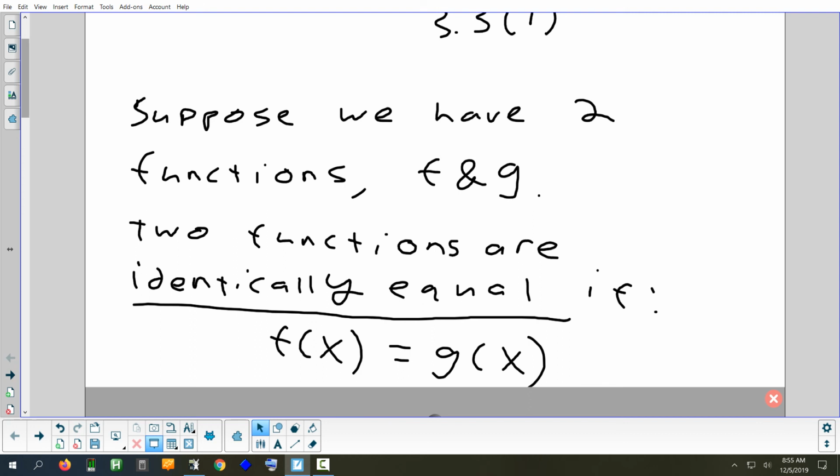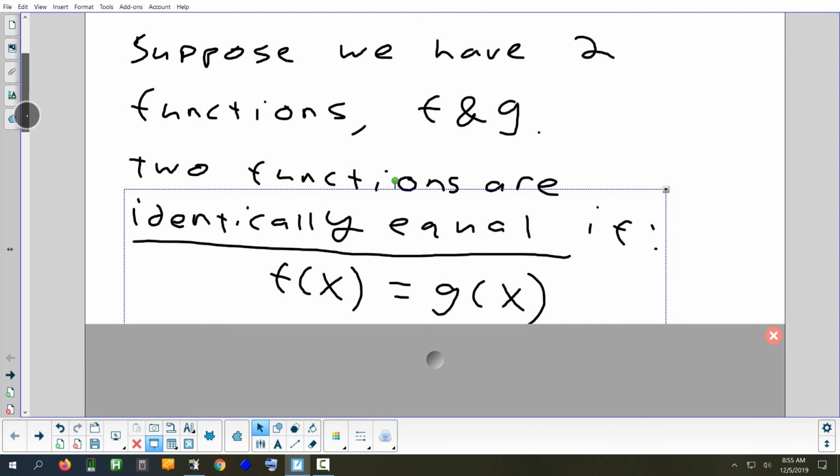If you plug that same value into the second function, it would come out the same for every single number you can think of. So if you plug 2 into function f, you're going to get an answer. If you plug 2 into function g, you're going to get an answer. Those answers have to be the same, for every single number you could ever plug in. If that's true, then the 2 functions you have are equal. They're exactly the same thing.